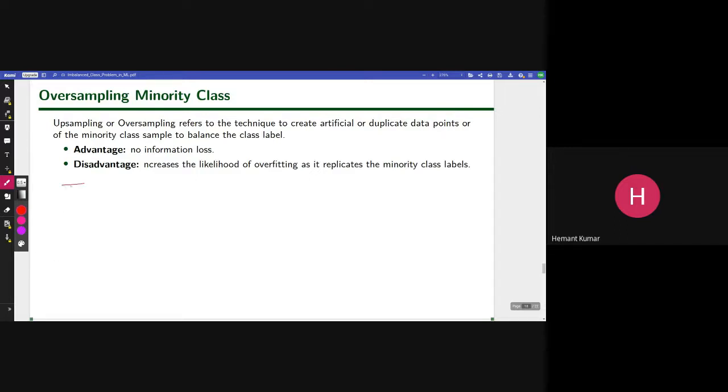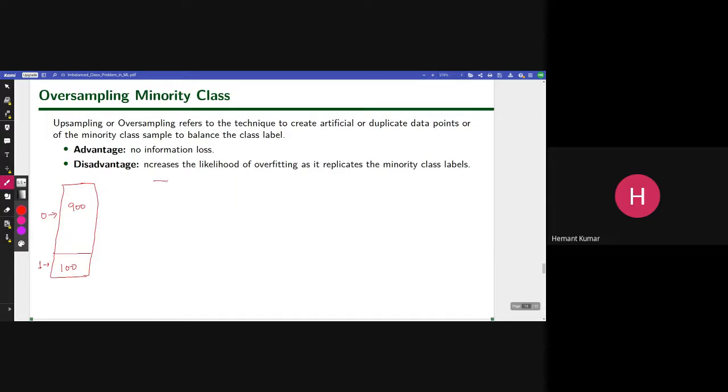Again, we take the same example. It is 100 samples belonging to class 1, and 900 samples belonging to class 0. The upsample is just a duplicate of this sample up to an equivalent number. In that example, we have to duplicate the 100 transactions 9 times.